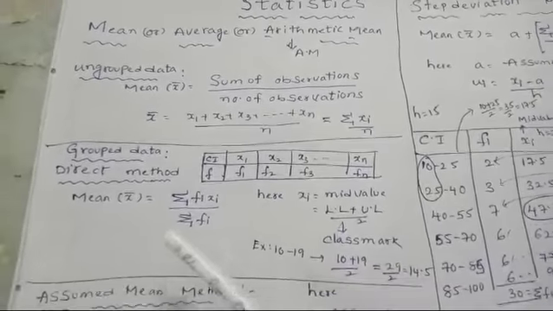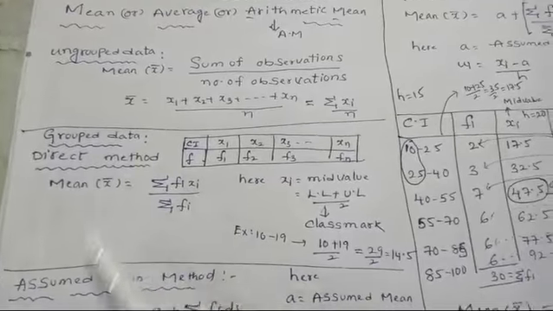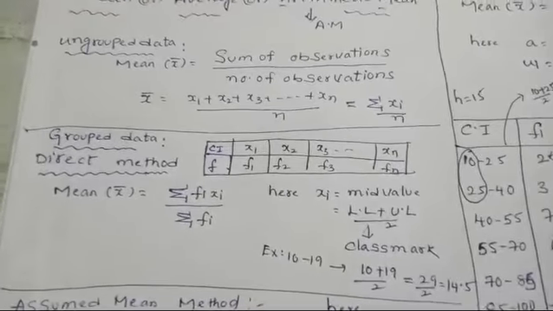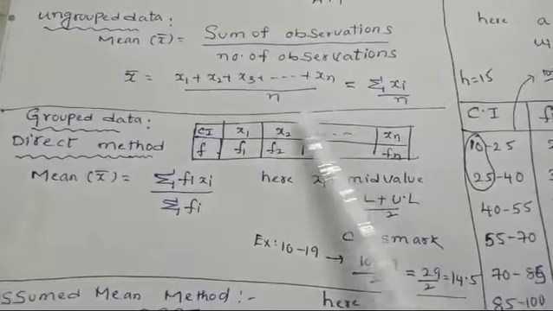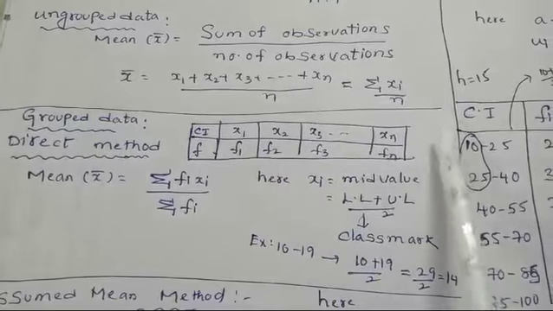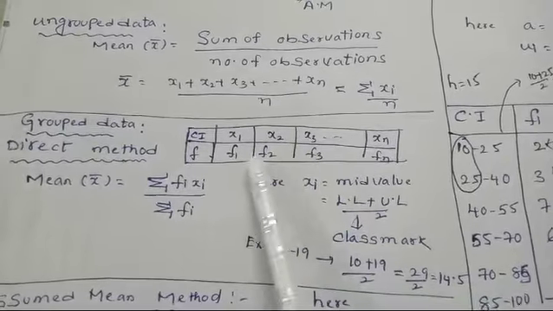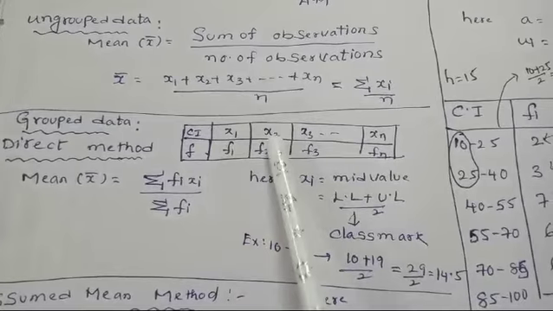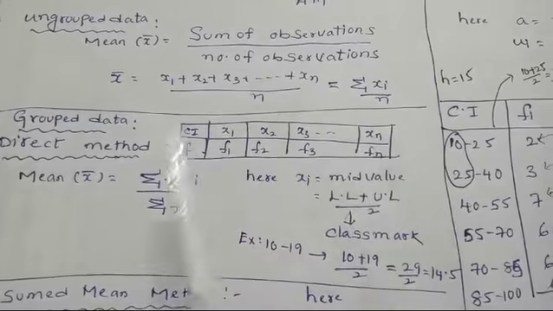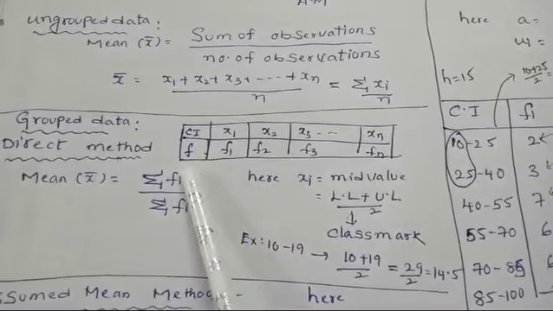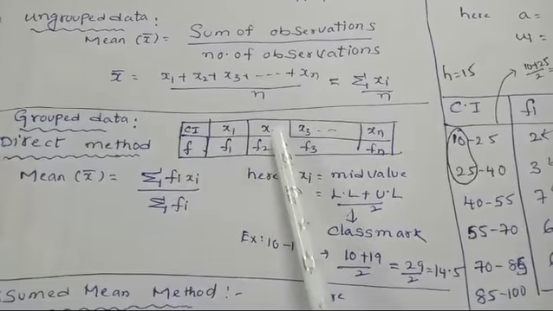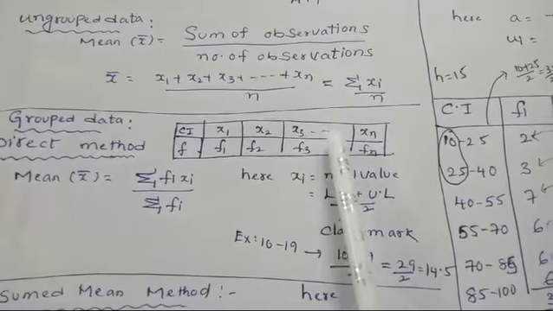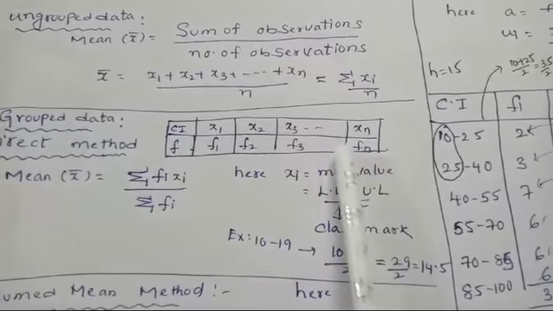Now go for grouped data. For grouped data we have three methods. In grouped data we take the class intervals in tabular form, with values x1, x2, x3 and so on xn, and the corresponding frequencies f1, f2, f3 and so on fn.